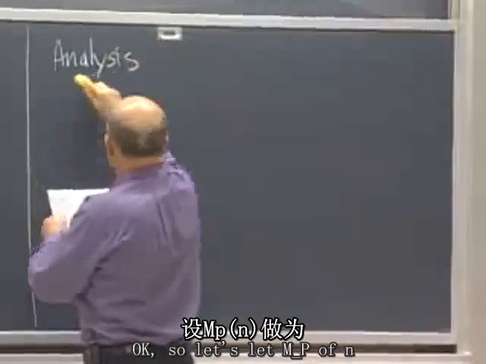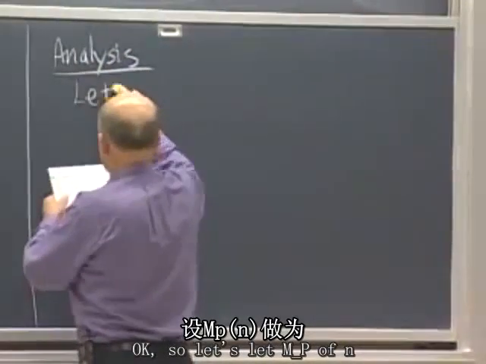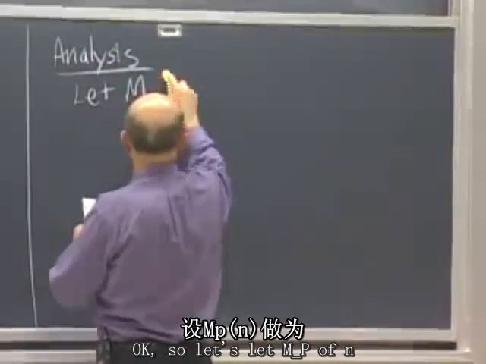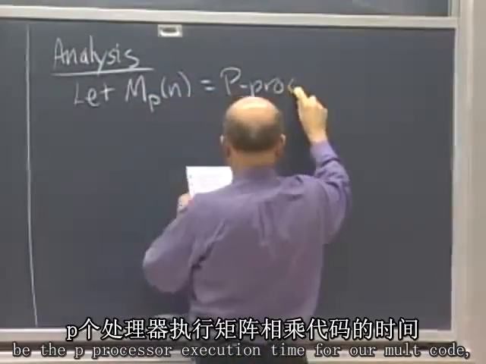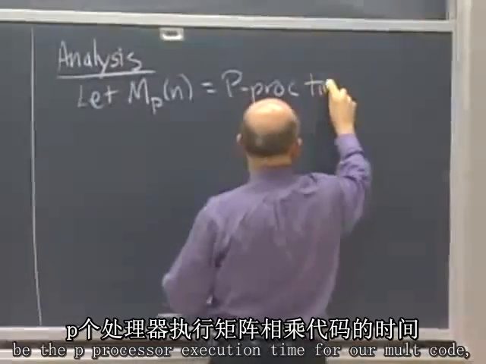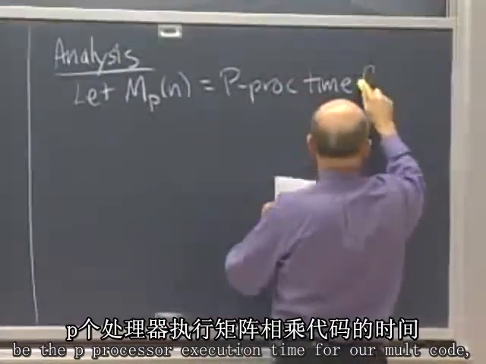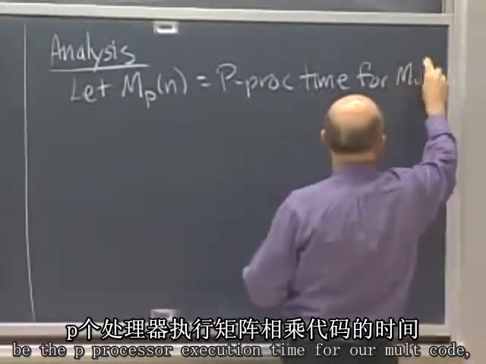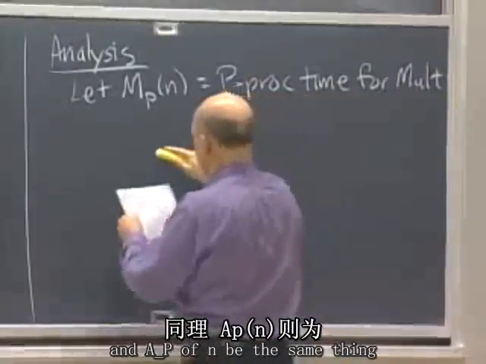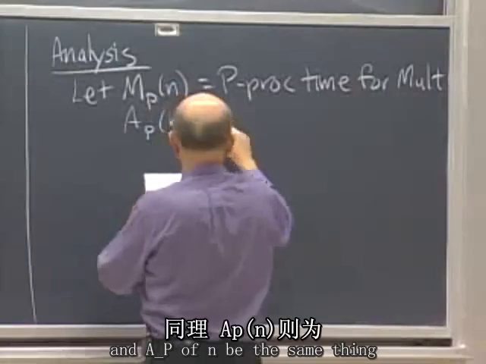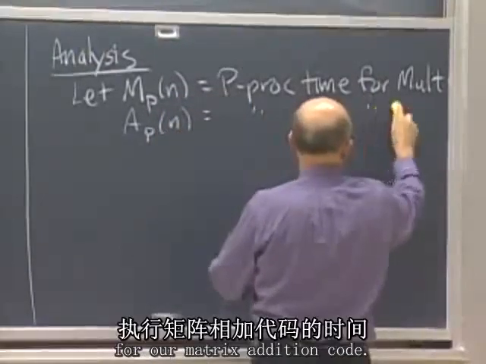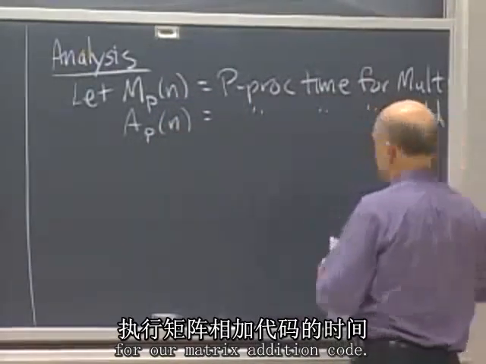Okay, so let's let m sub p of n be the p processor execution time for our mult code, and a sub p of n be the same thing for our matrix addition code.